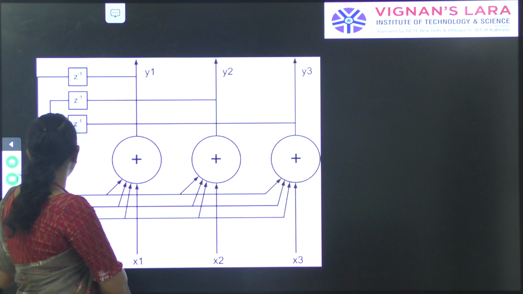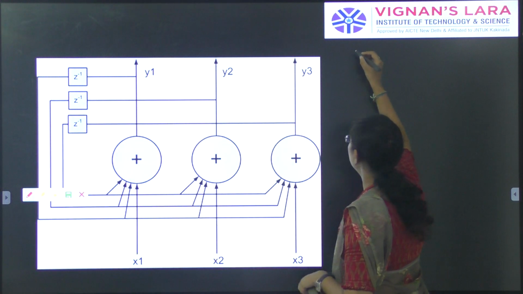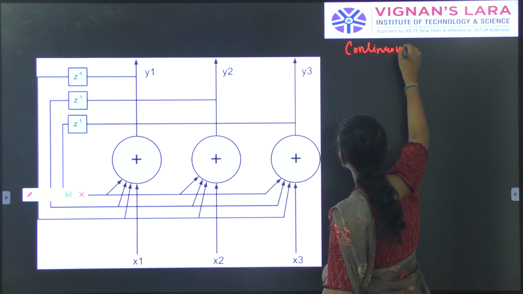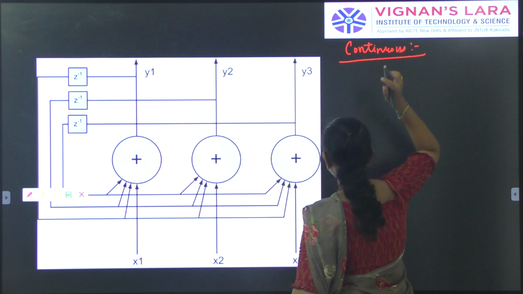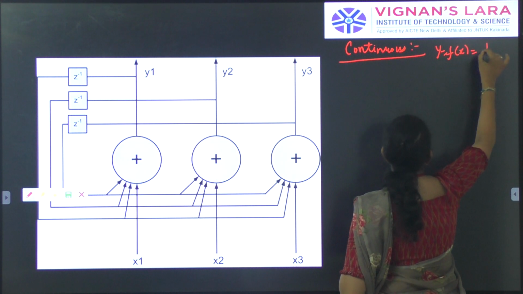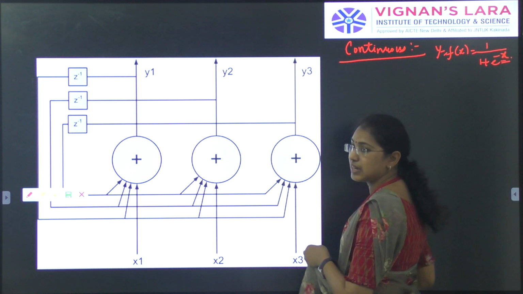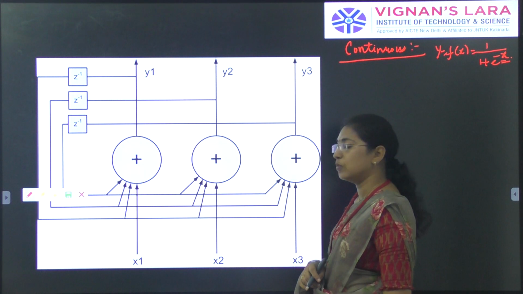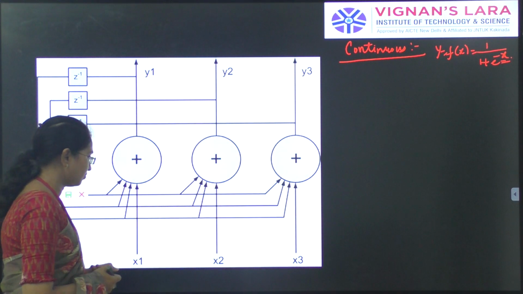Let us consider a sigmoidal activation function is used, whose function is y equals f of x equals 1 by 1 plus e power minus x, where x represents the summed up or net input of input values. So this is the architecture of Hopfield network.